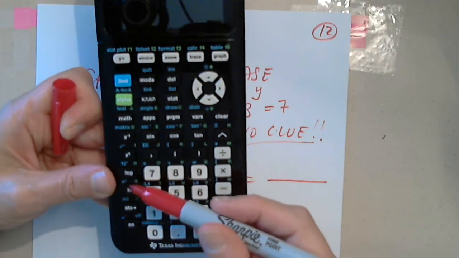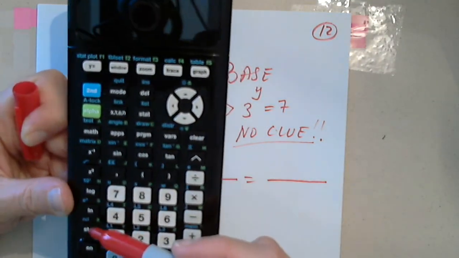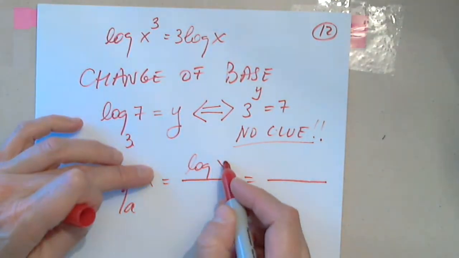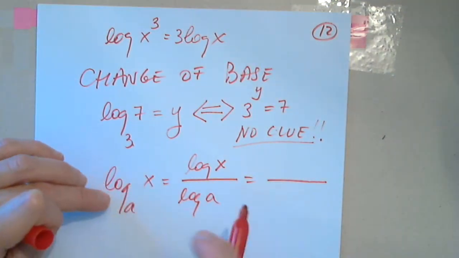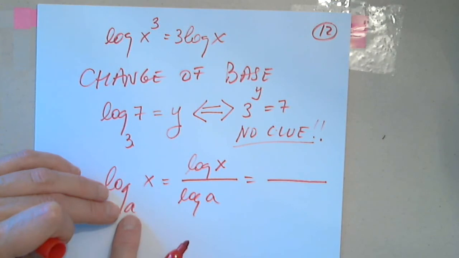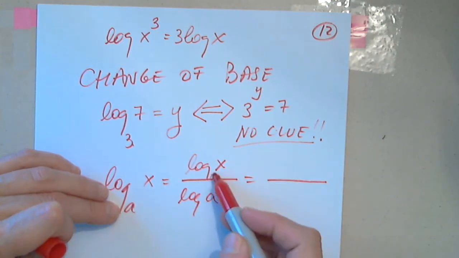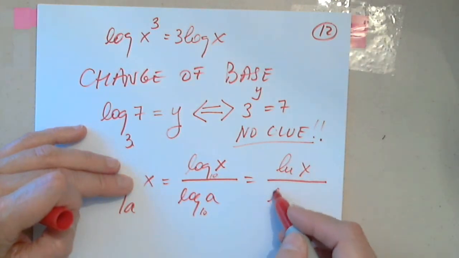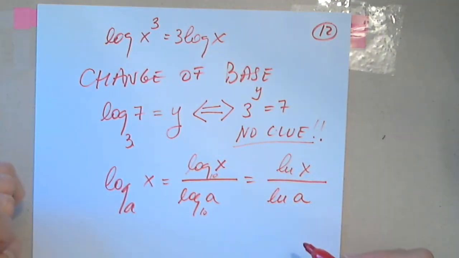But you can use either the base 10 log or base ln, because we have them. So here's the change of base: log of x over log of a. Log of the number over log of the previous base. This is base 10. We don't write it. Or natural log x over natural log a.